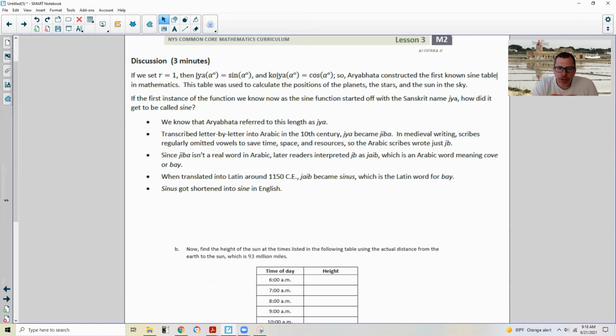Since jiba isn't a real word in Arabic, later readings interpreted JB as jaib, J-A-I-B, which is an Arabic word meaning cove or bay. When translated into Latin around 1150, jaib became sinus, which is the Latin word for bay. Sinus got shortened into sine in English. So there you have it. That's where the word sine came from.